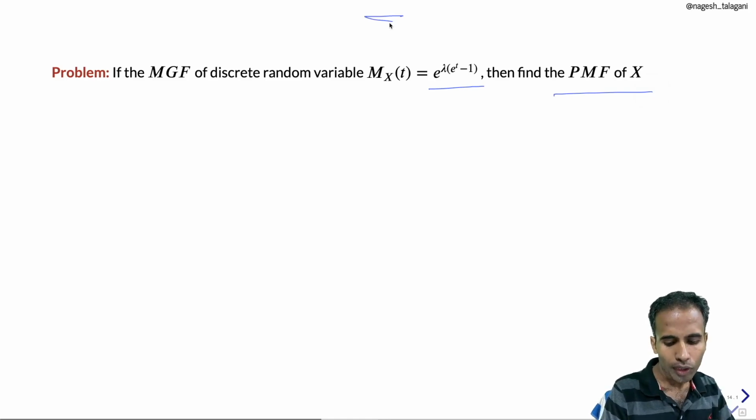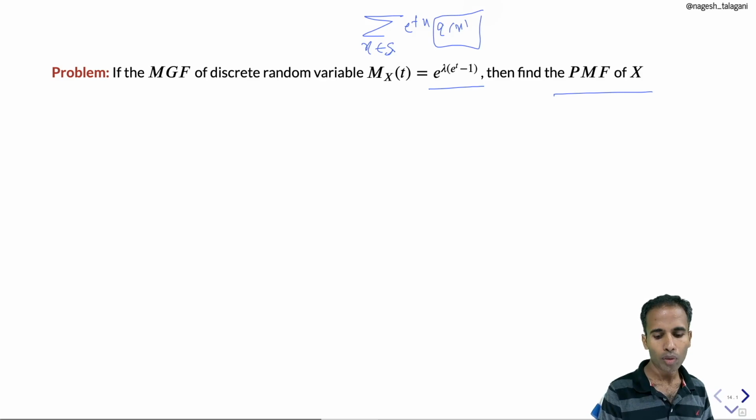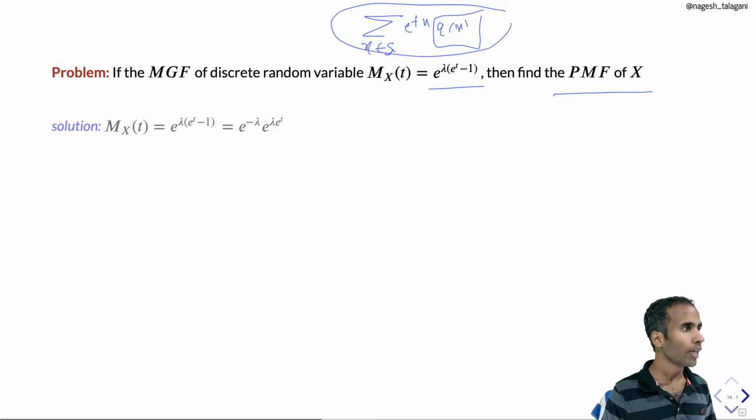We wanted to see it in this form: e power tx q of x, where x is running over some countable subset S of R. Then immediately we can say that this S is the support and this q of x is the PMF function. So our goal is to write the given MGF in this form. Let us start with the given MGF. We can write it like this: e power minus lambda times e power lambda e power t.